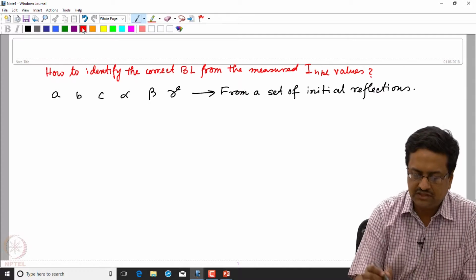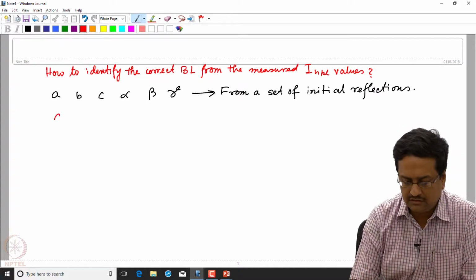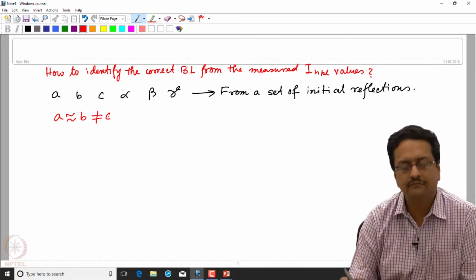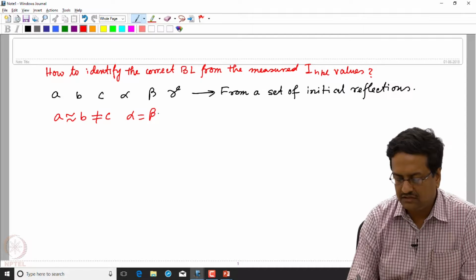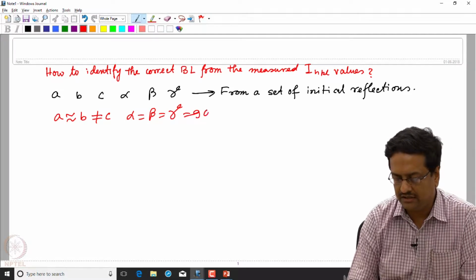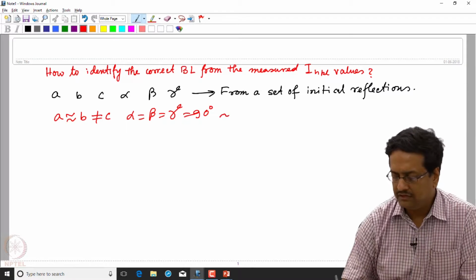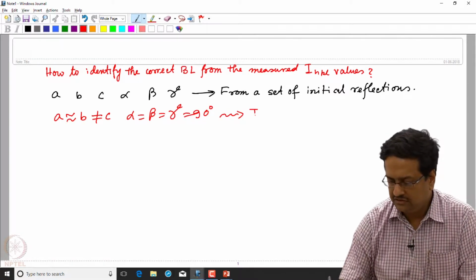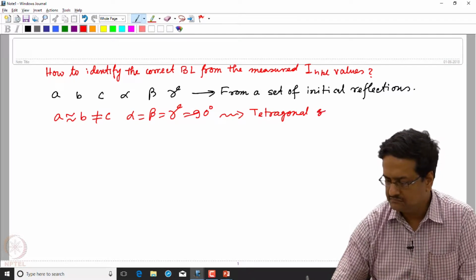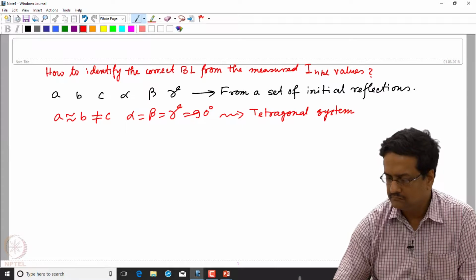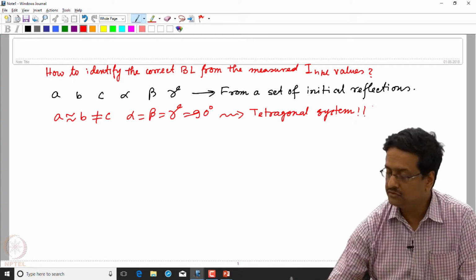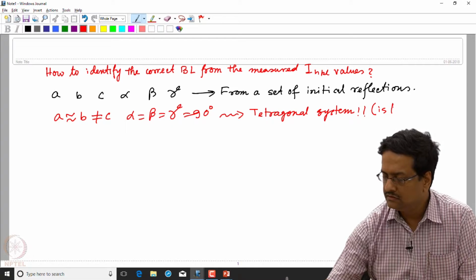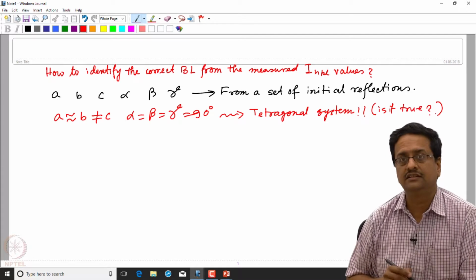On physical observation, it may turn out that A is very close to B and not equal to C, and alpha equal to beta equal to gamma equal to 90 degree, which may look like a tetragonal system. Is it true that it is a tetragonal system?